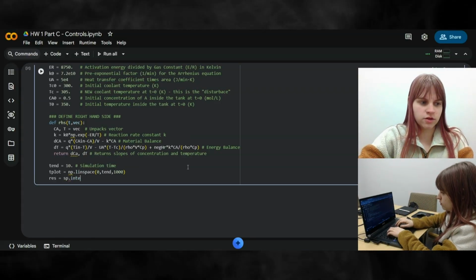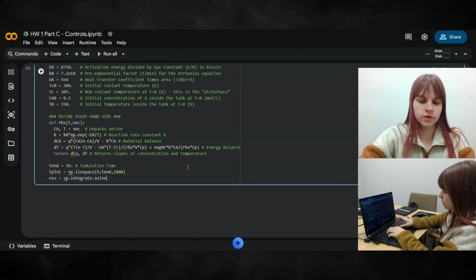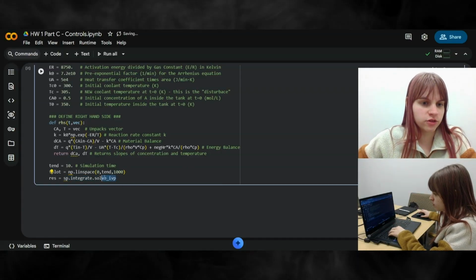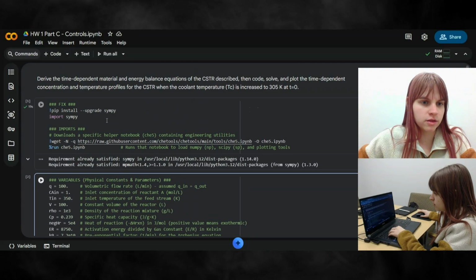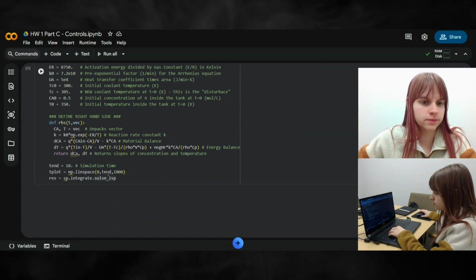The results are simply integrate solve IVP. This looks a little bit different than we were doing before, just due to this import right here.